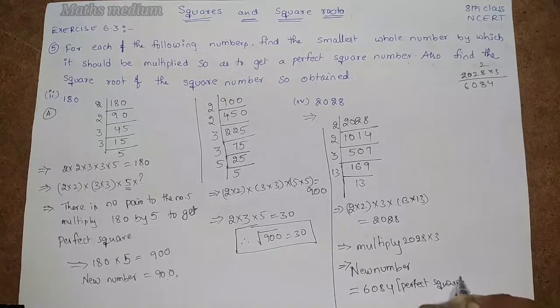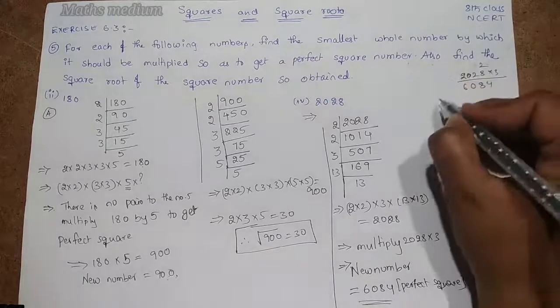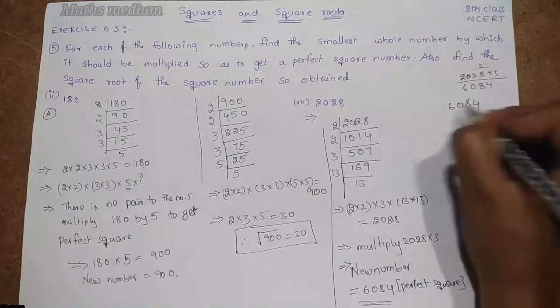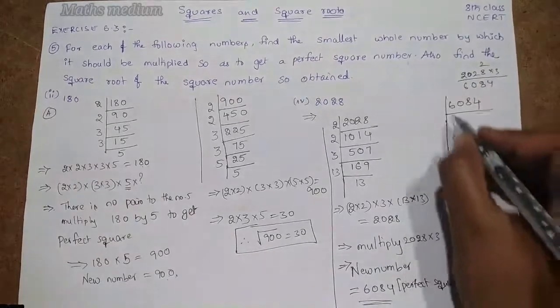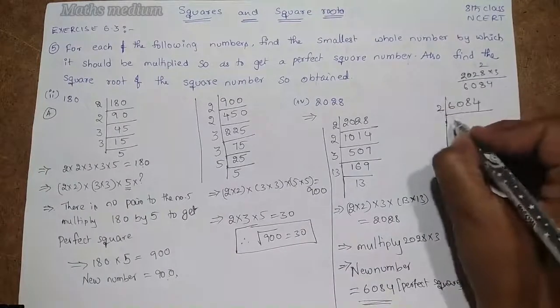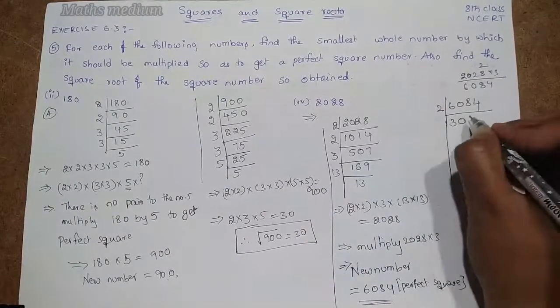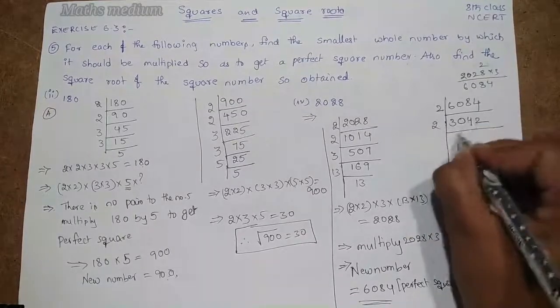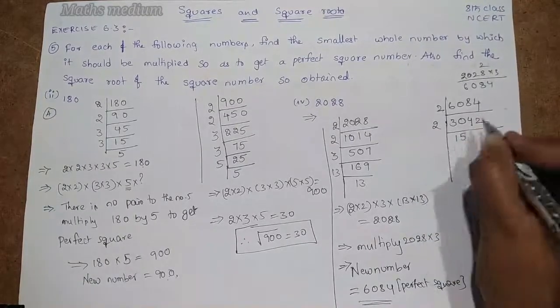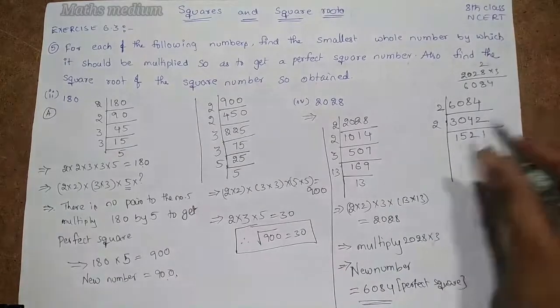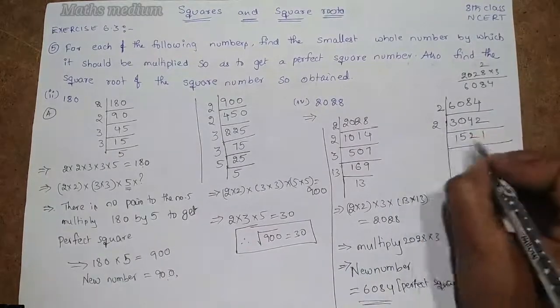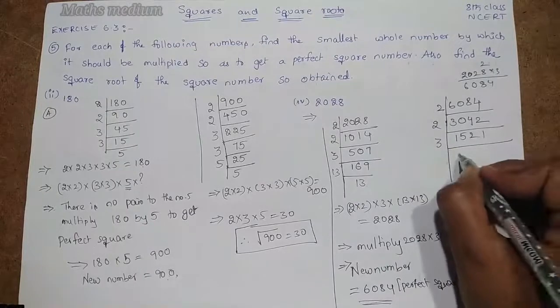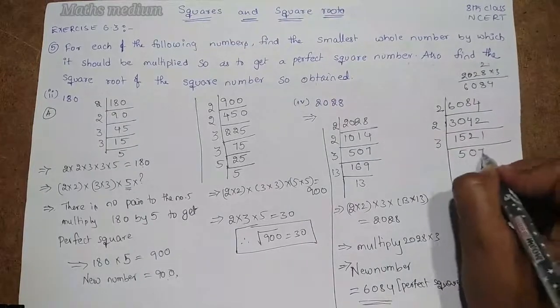Now find the prime factorization for the new number, 6084. Start with 2. 2 threes are 6, 0. 2 fours are 8, 2 twos are 4. Again by 2: 2 ones are 2, 2 fives are 10, 2 twos are 4. Now using 3: 3 fives are 15, 0, 3 sevens are 21.